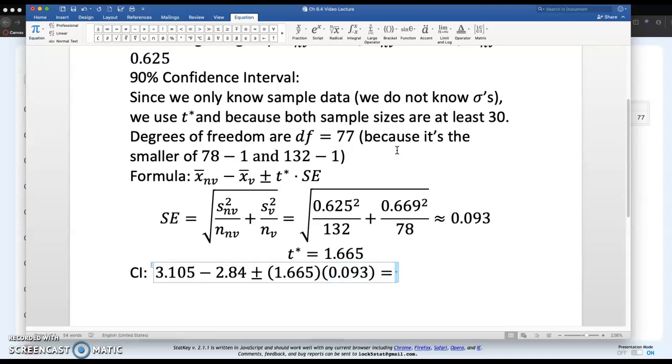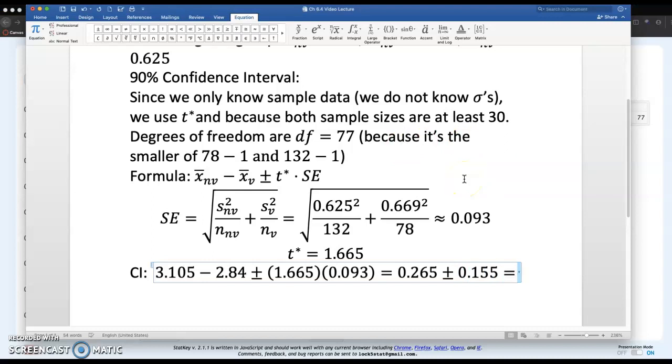So putting that together, 3.105 minus 2.84 is going to be 0.265 plus or minus 1.665 times 0.093. And that ends up being about 0.155. I go to 3 decimals.